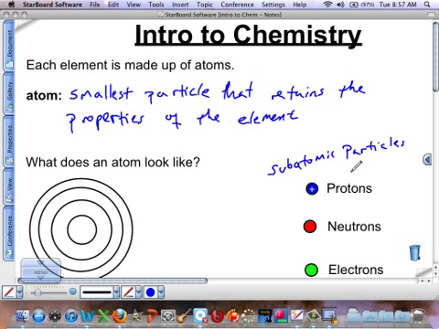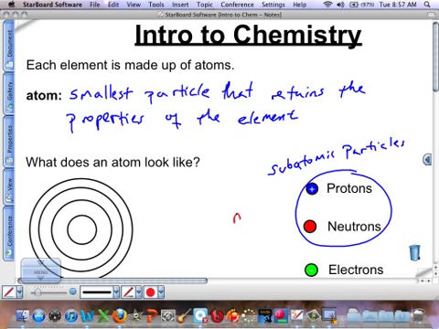Okay. So a couple of things to mention here. Where would I find protons and neutrons? Where in the atom would I find those? In the middle. What do we call that middle piece? The nucleus. Good job, Akira.